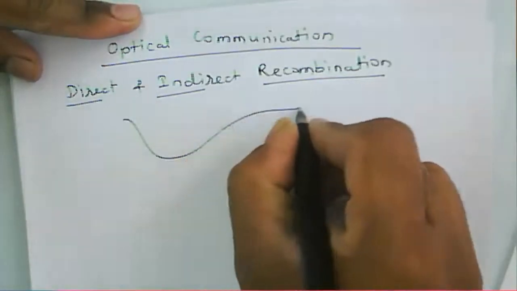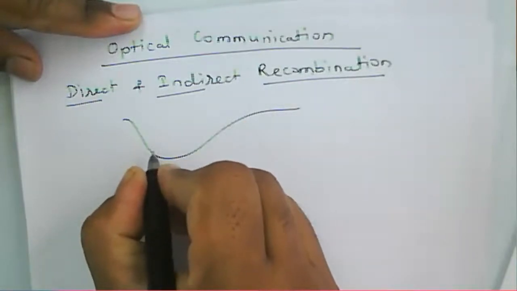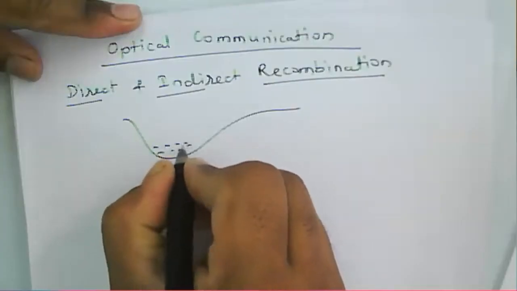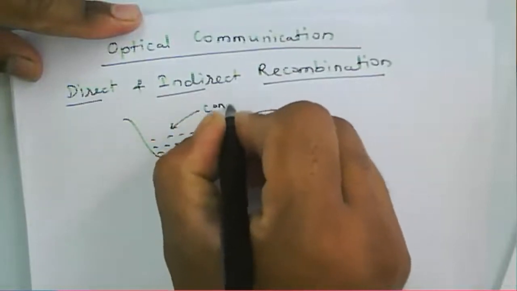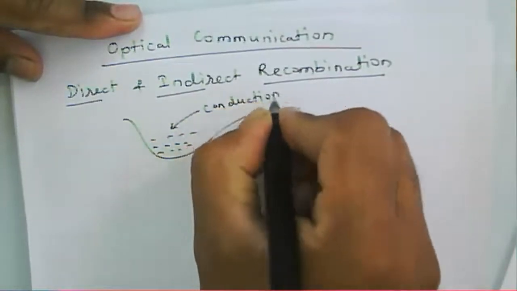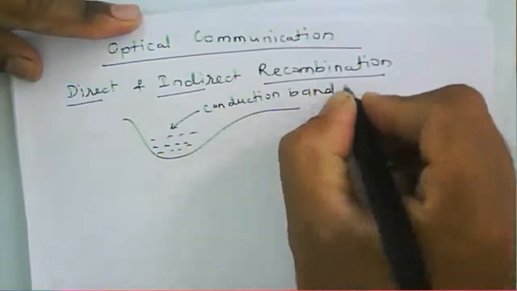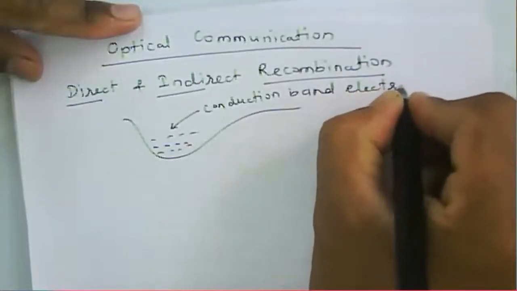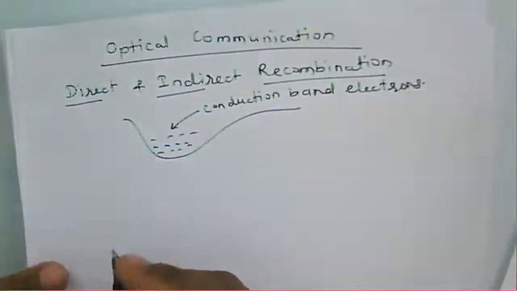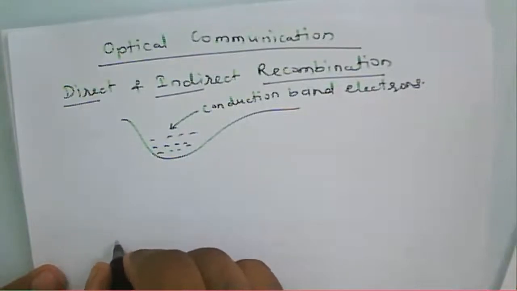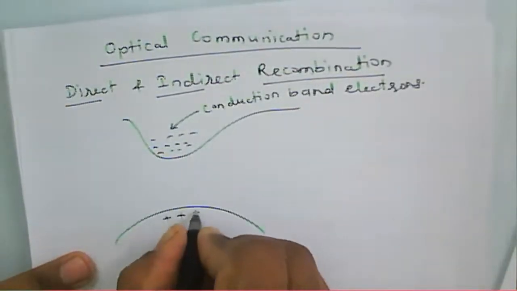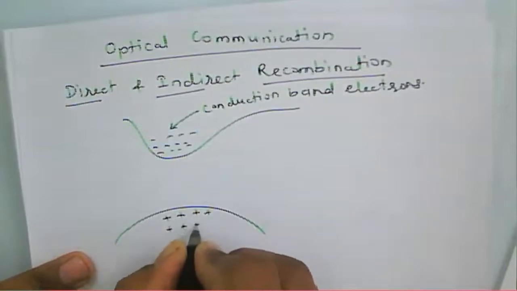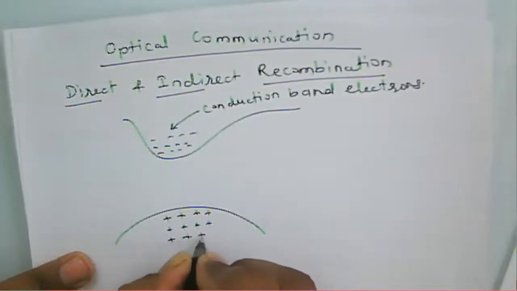So in a direct band gap type of material, we say they have the conduction band electrons. This one is about a conduction band electrons here, and for a direct band gap material, a direct recombination of the electrons and holes takes place here.